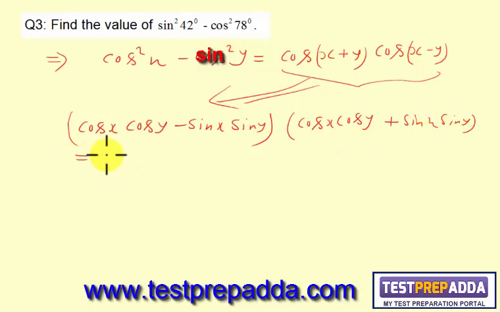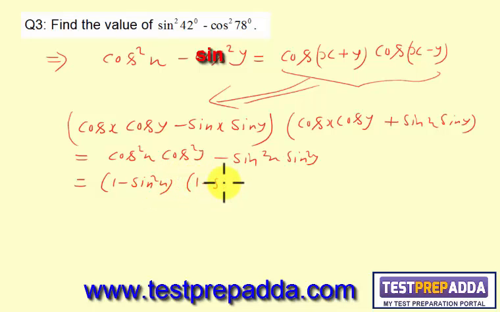Okay, now if I multiply, it becomes cos square x cos square y minus sin square x sin square y, a minus b into a plus b. Now cos square x I can write as 1 minus sin square x, 1 minus sin square y, minus sin square x sin square y.